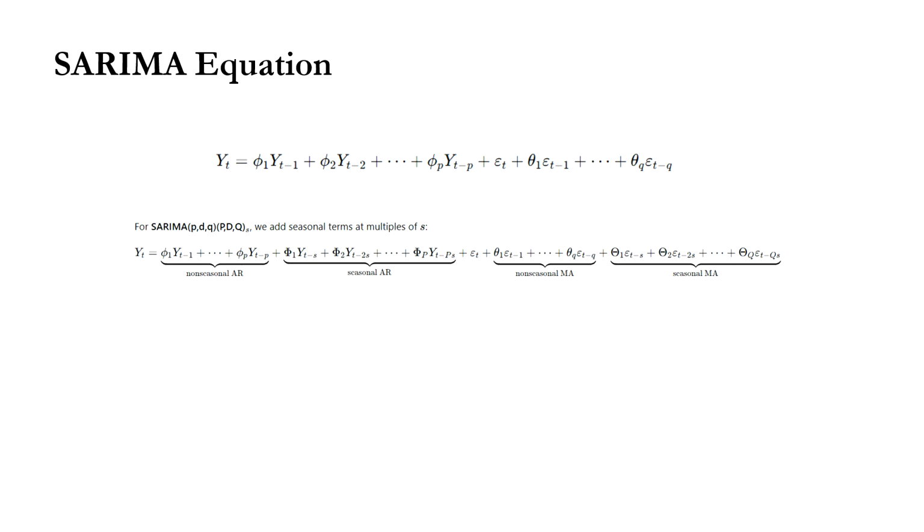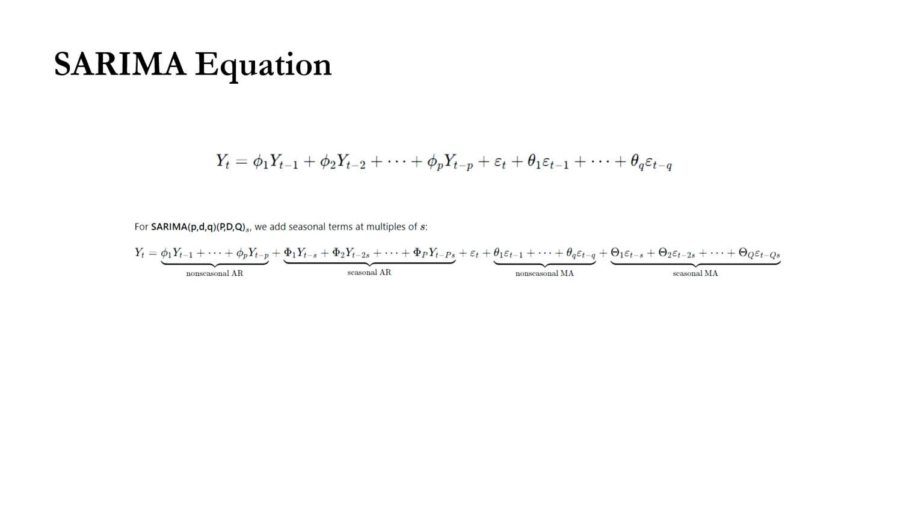So here's the seasonal ARIMA equation. We've got originally the phis and the thetas for the autoregressive equation. Now we add seasonal terms at multiples of S. So we've got that second term, the seasonal autoregressive, and then the seasonal moving average, right?